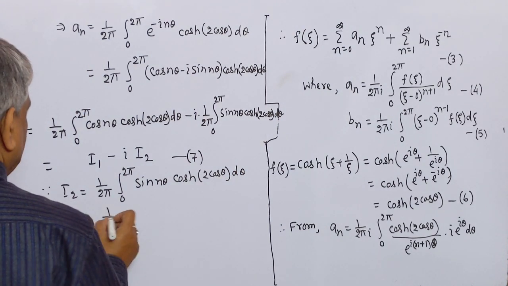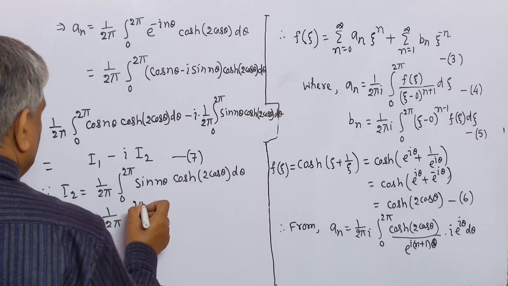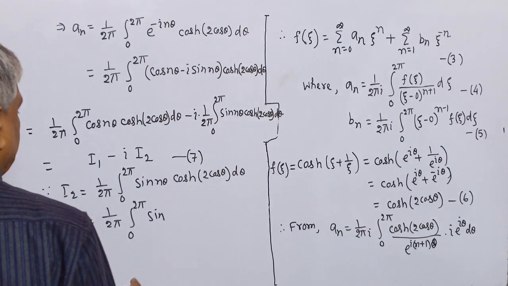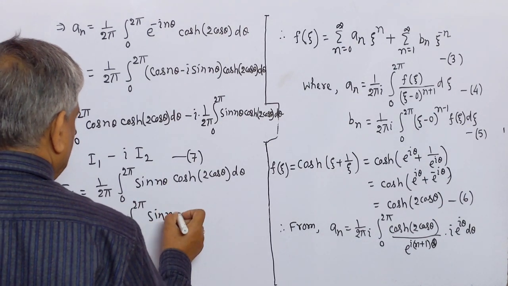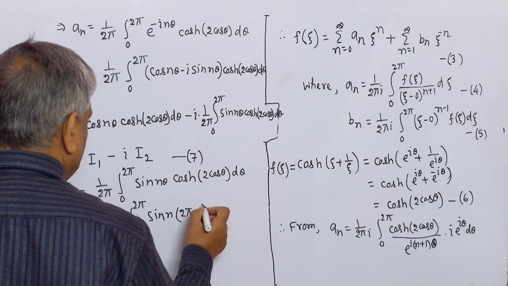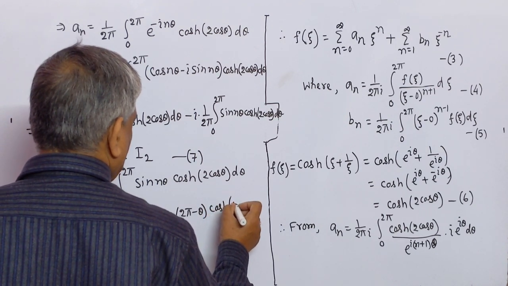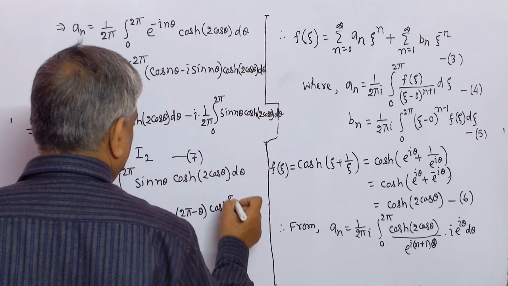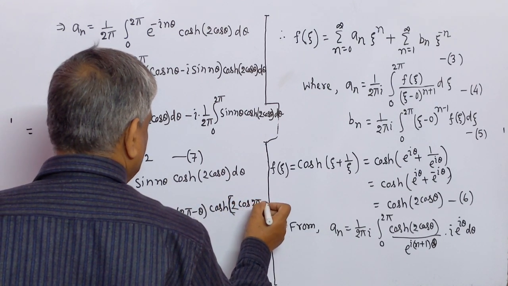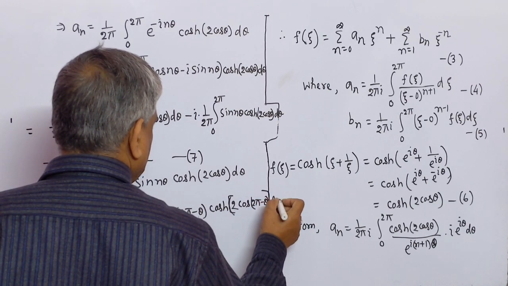This is equal to 1 by 2π integration limit 0 to 2π sin, by the property of integration we may write here n in place of θ, 2π minus θ, cosh 2, in place of θ we may write 2π minus θ, dθ.